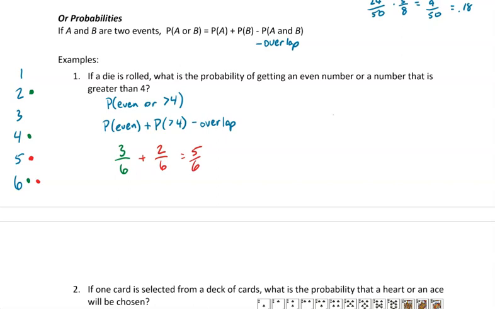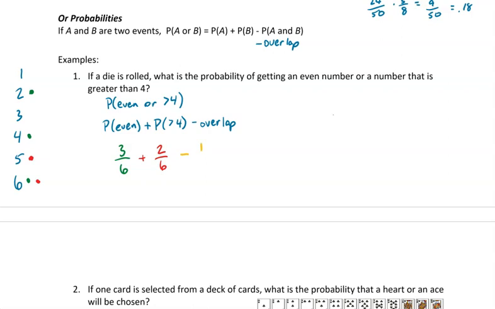Well, we know that's wrong because 1 is not even or greater than 4. 3 is not even or greater than 4. That's where the overlap comes in. We're getting a higher number than we should because we accidentally counted 6 twice. Notice that it has both a green and a red dot. So, since we counted it twice, we have to subtract out that extra one that we counted.